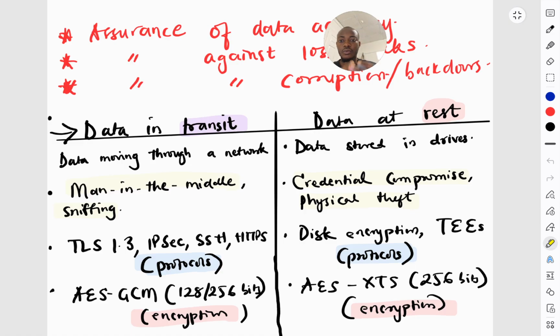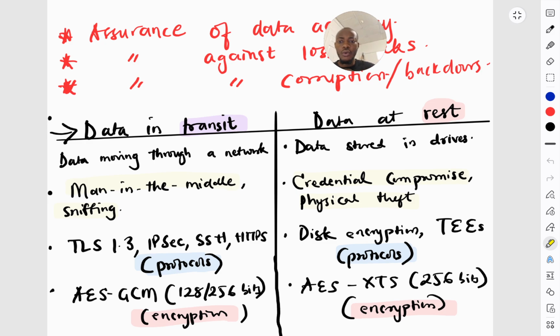What kind of attack can we witness during data in transit? We can witness a man in the middle attack or a sniffing attack, trying to decipher or find out what kind of data is moving through that network. But data at rest can be a physical theft or stealing of the hard drive, or a credential compromise.